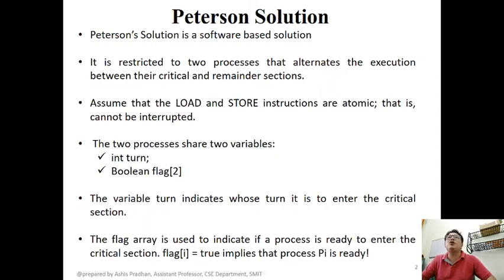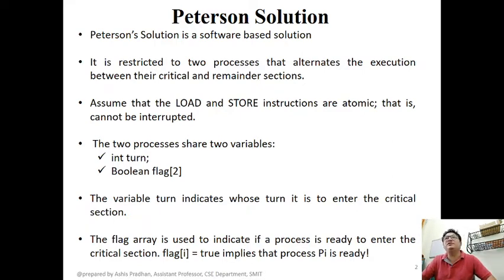So these operations are assumed to be atomic operations which cannot be preempted once they start executing, right? This is an assumption we make here: whenever you perform a load or store instruction, it is an atomic instruction which cannot be preempted or interrupted in between.